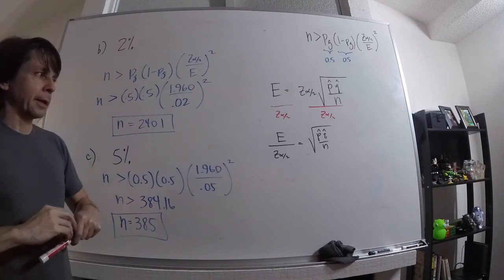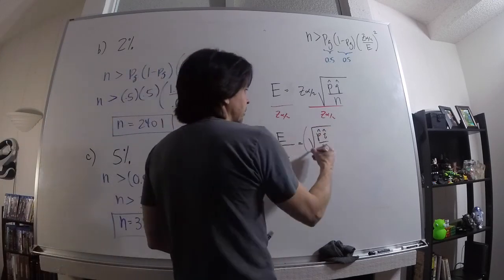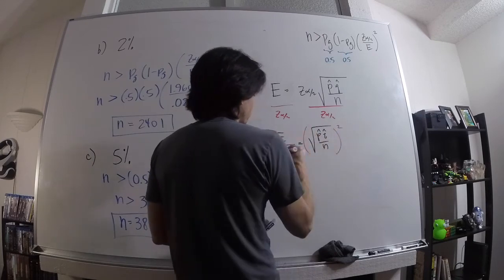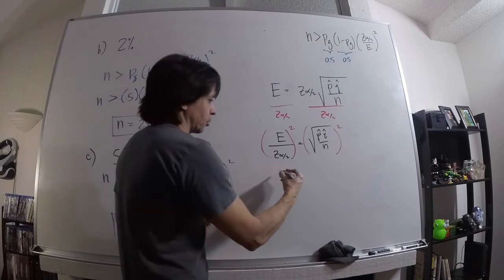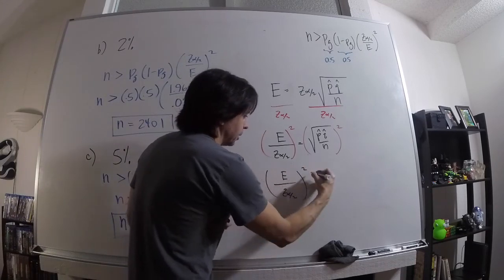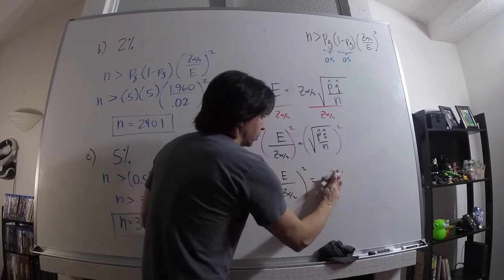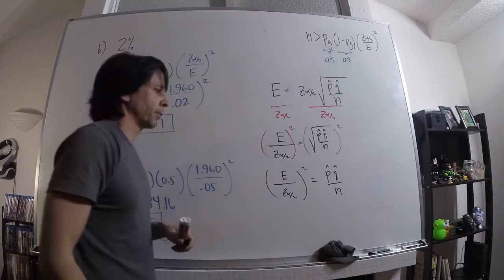I want to get rid of the square root because I'm ultimately trying to solve for n. It's on the bottom and under the square root. I'll have to handle both those things, but let me get rid of the square root first. So I have E over the z-score, squared now, and that's equal to p hat q hat over n. No more square root because I squared it out.